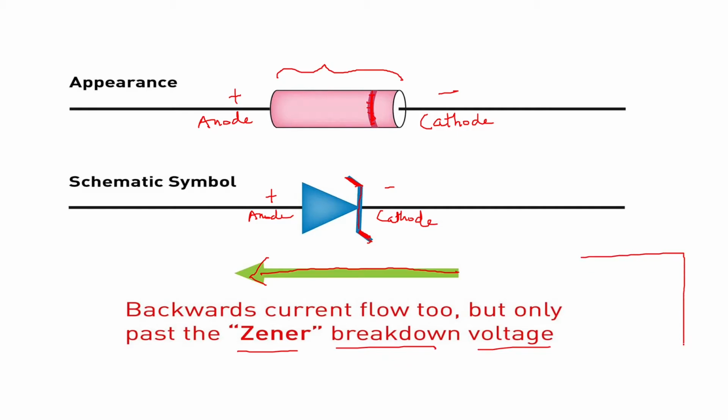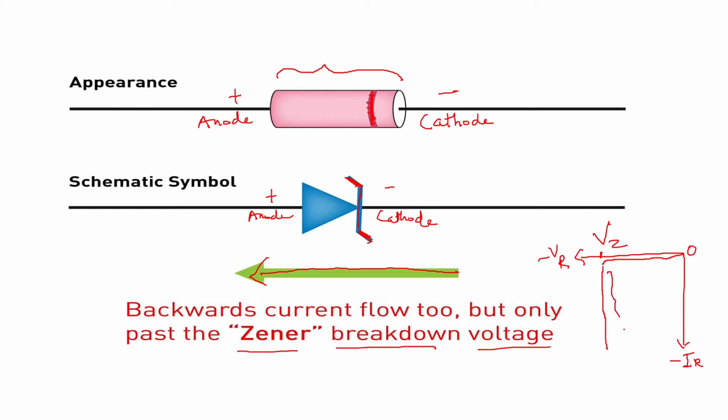This is the voltage applied across the diode and this is the current. Initially, when you start from zero and increase the voltage, there is no current through the diode, but suddenly once you reach this breakdown voltage, which is called the Zener voltage, there is a large increase in current and the voltage remains constant.